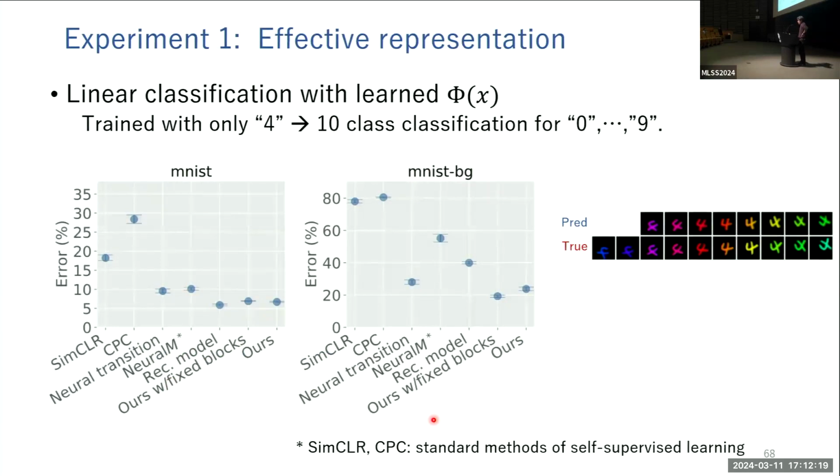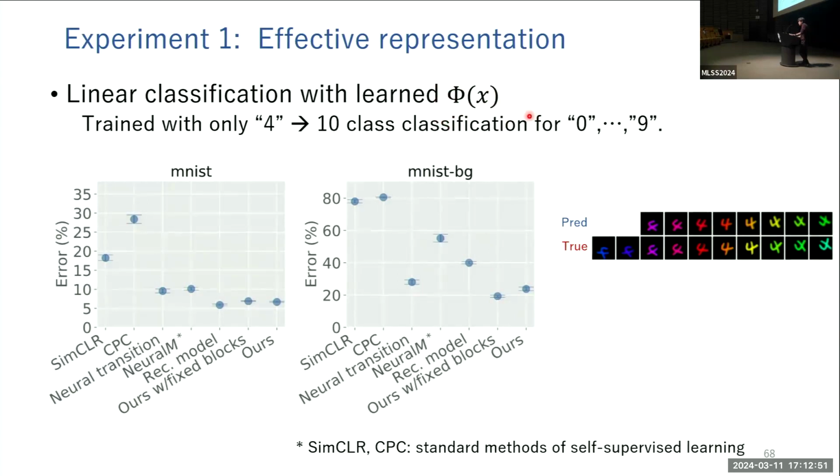Okay, the first one is not disentanglement, but the aim is to confirm the effectiveness of the trained representations. Basically, the representation for each data point is given by this encoder. This is a latent variable, and we use this latent variable for classification using a simple linear classifier.